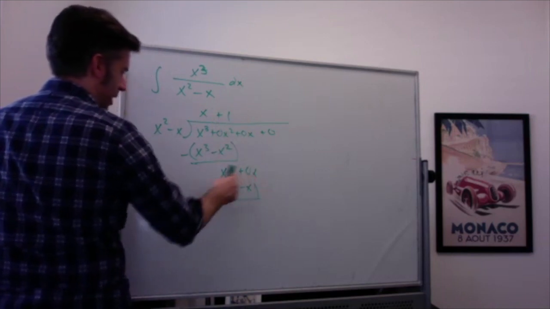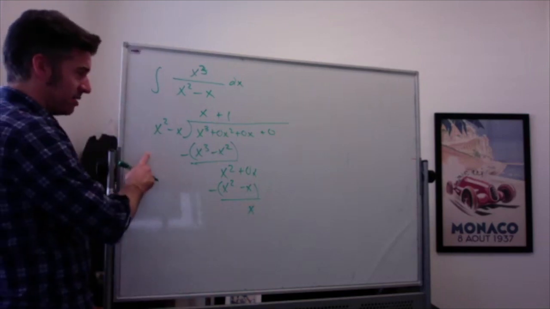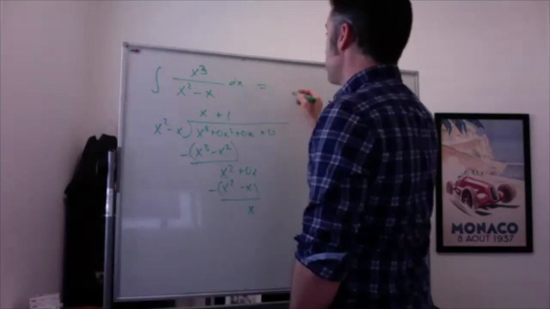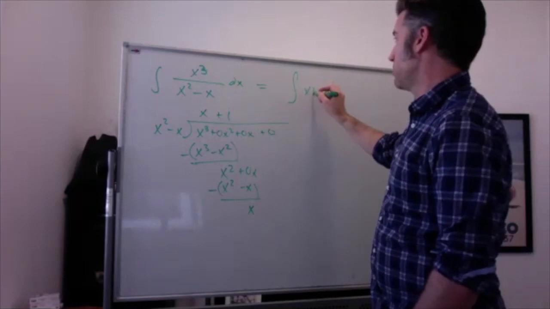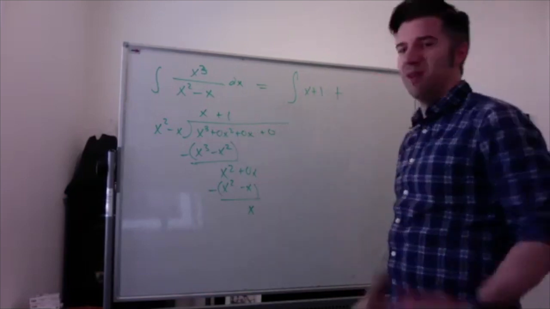Subtract. That minus that is x, and that's our remainder because x squared is a higher degree than x, so we can't go further. So we can rewrite this integral as the integral of x plus 1 plus the remainder.